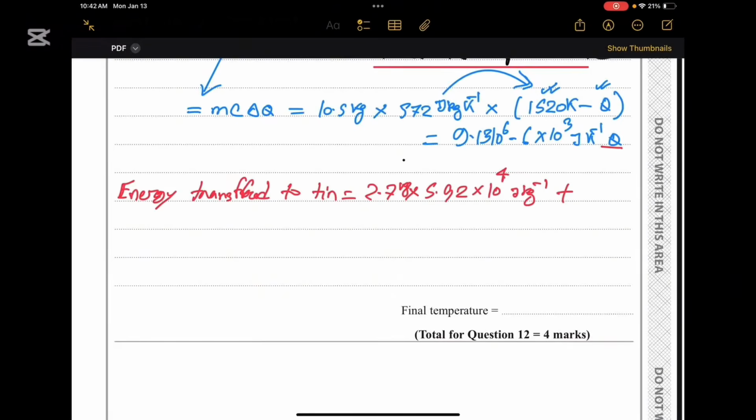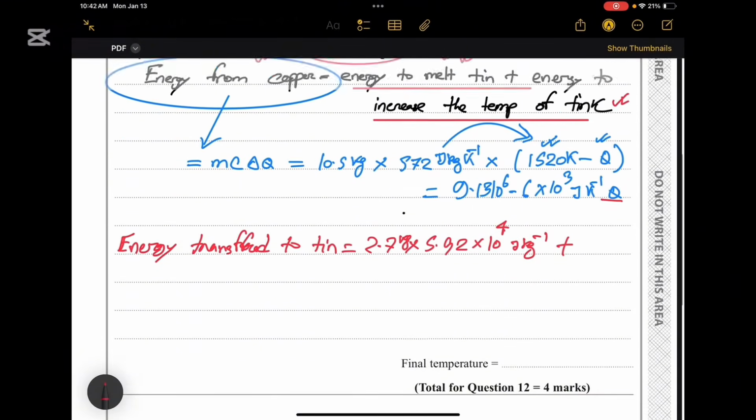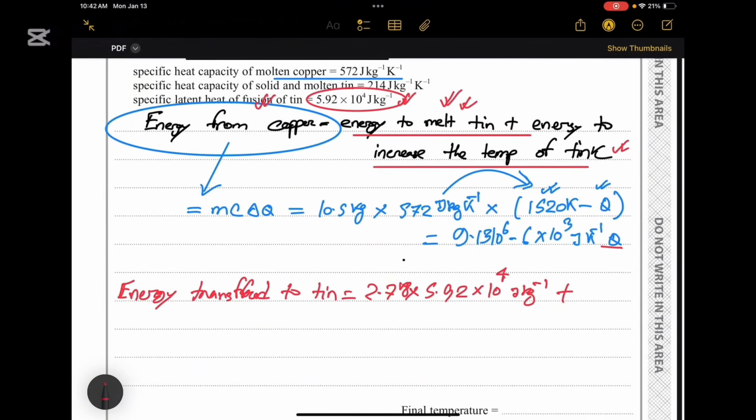Plus, now as we have added the energy to melt the tin, we will add the energy required to increase the temperature of this tin, which will be denoted as mc del theta.